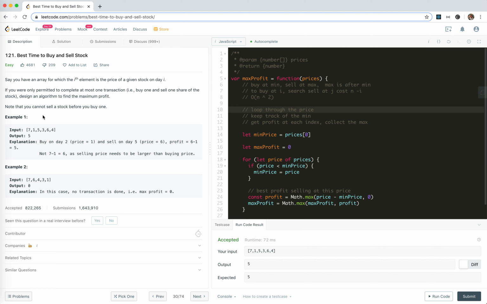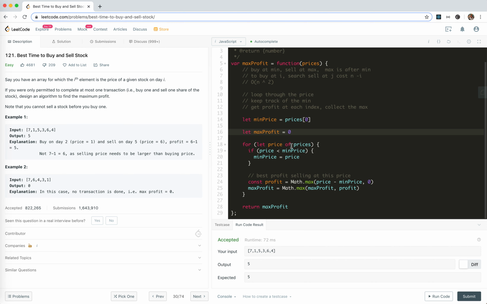But if we think we sell at a specific index, like selling at 5, it's more natural for a human to realize that we could cache the minimum and do it in one pass. So analyze the examples more and get the best result.